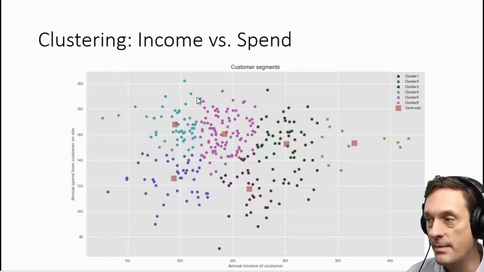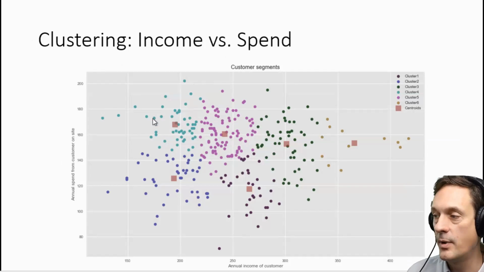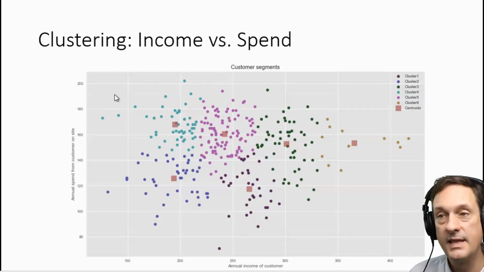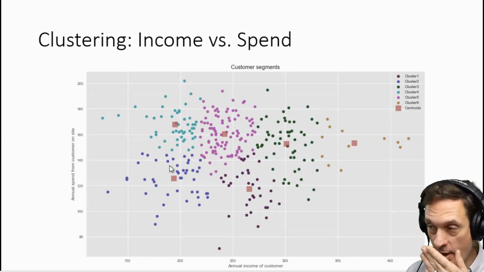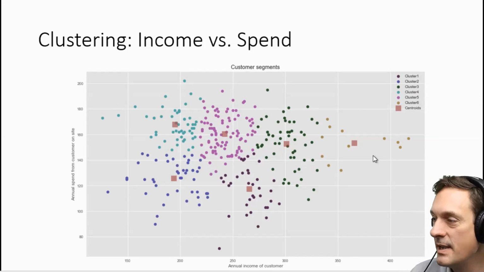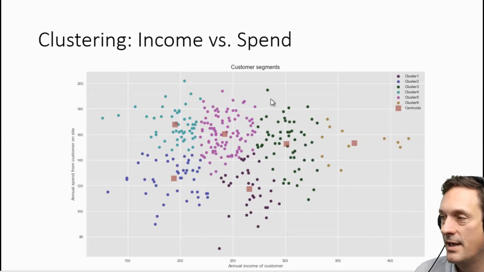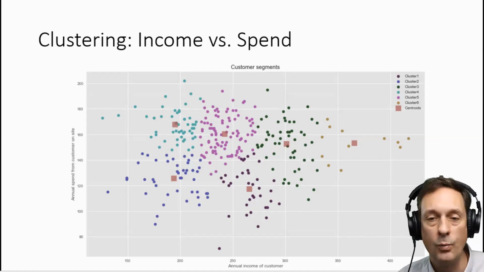And the computer then picked individuals out and said, right, these people have low income, but they've been high spenders. Okay, so that's one group. These people have low income and they're low spenders. Okay, well, forget that. We don't want them. These people have high income, but they're medium spenders. And then the computer said, well, these people have medium income and they're both high and low spenders. So anyway, the computer then decides which groups are different.